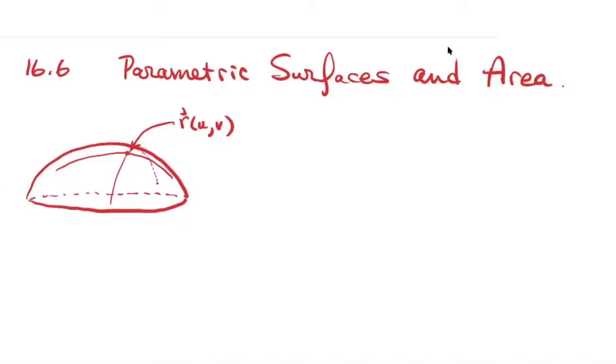So this curve on top is with holding v fixed and varying u.